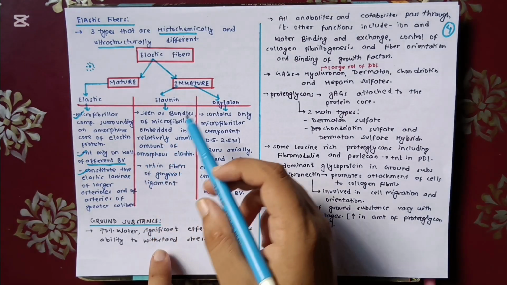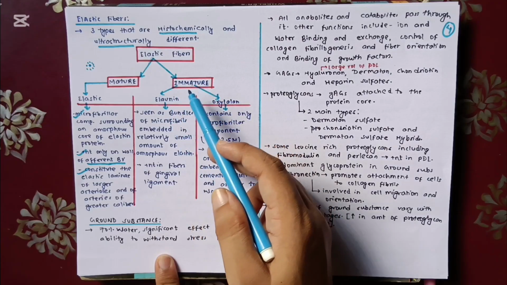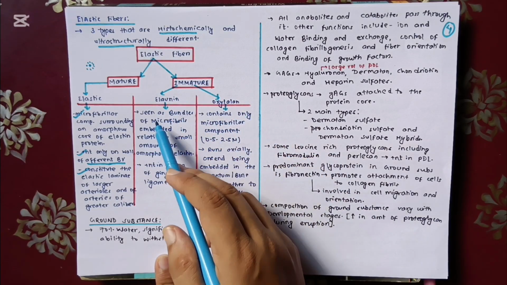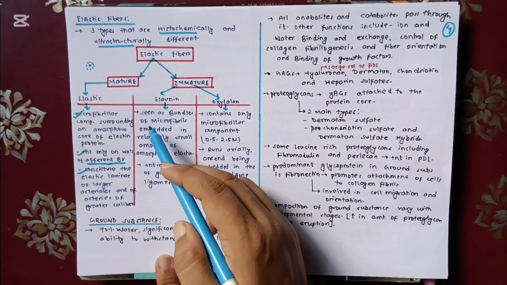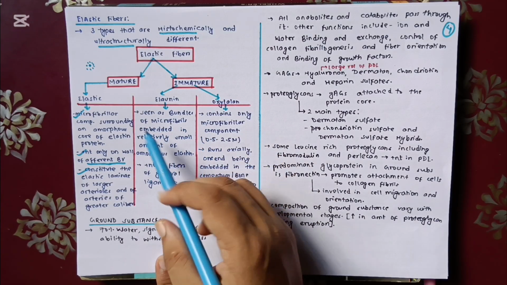Now the other fiber is the immature type of elastic fiber, in which we have elaunin and oxytalan. In elaunin we see bundles of microfibrils embedded in a relatively small amount of amorphous elastin.